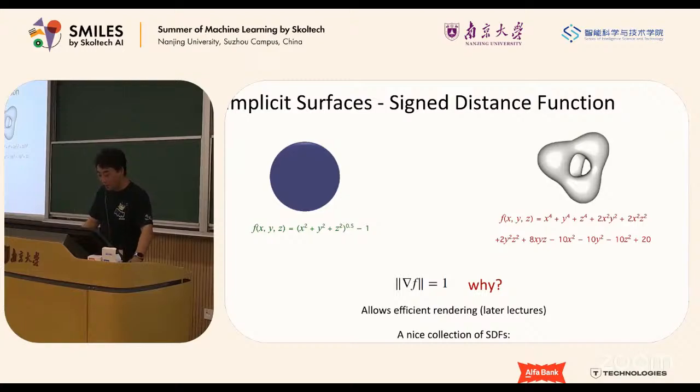For the network, if we enforce the norm of the gradient to be unit, we can make the signed distance function represented by the network smooth, so it can represent a quite clear surface.